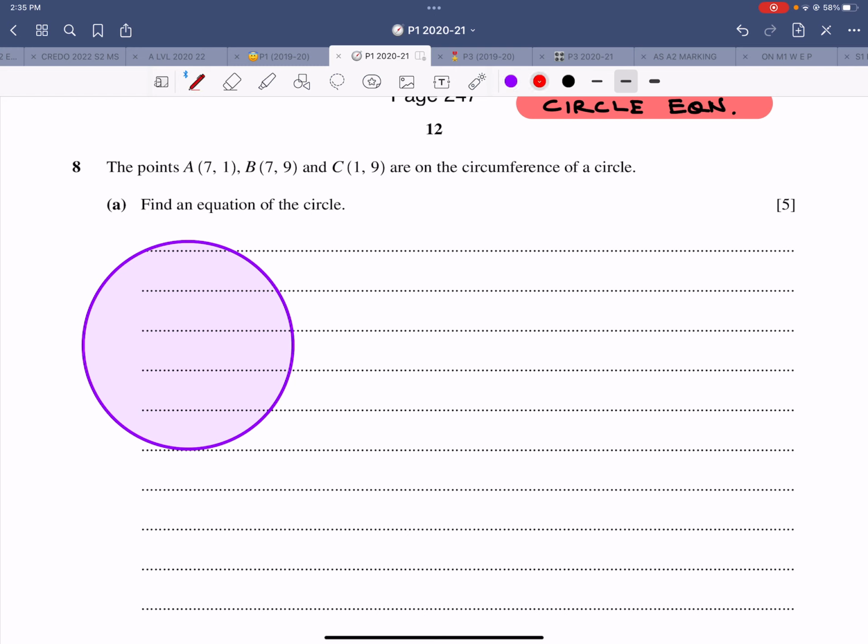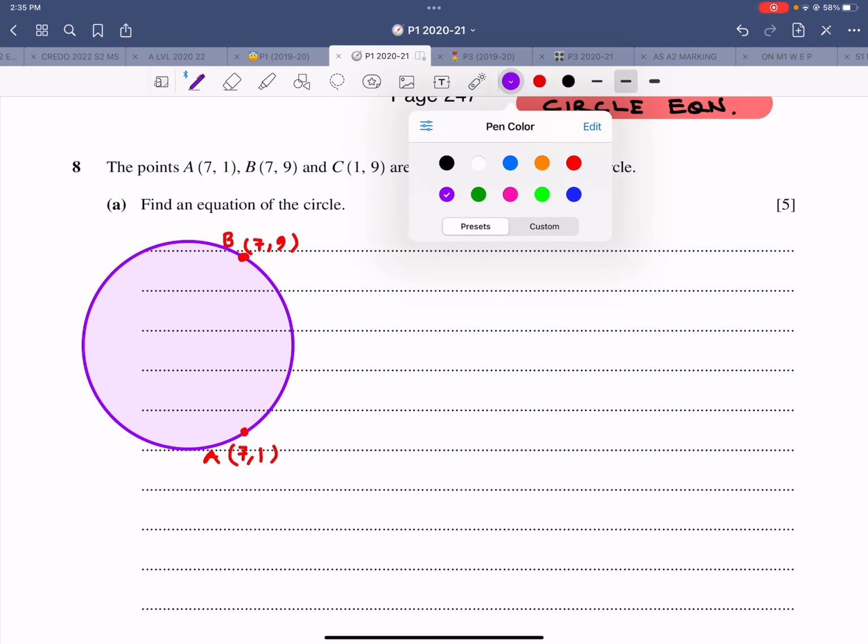So for example, if this is (7, 9), directly below it should be (7, 1). (7, 1) is A, (7, 9) is B, and (1, 9) is C. So this is (1, 9). It's not drawn to scale.